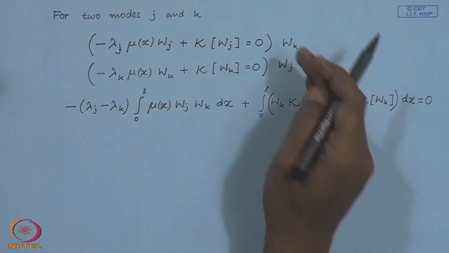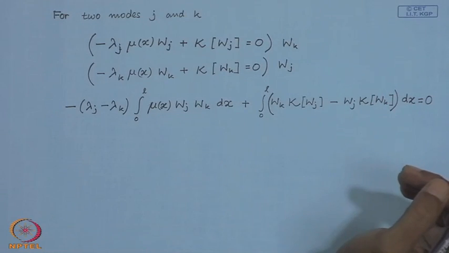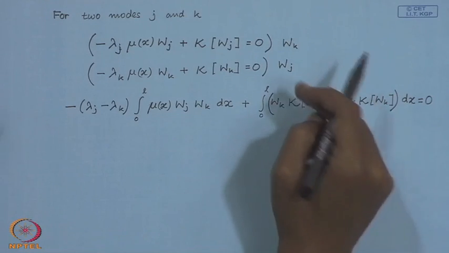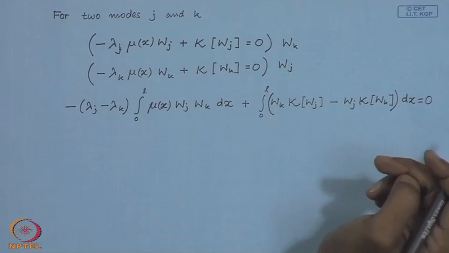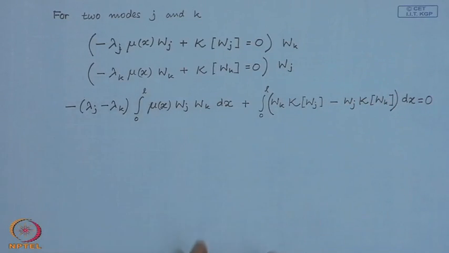So, I multiplied the first equation with W k, the second equation with W j, subtracted one from the other and integrated over the domain of the problem, and this is what I obtain upon rearrangement.